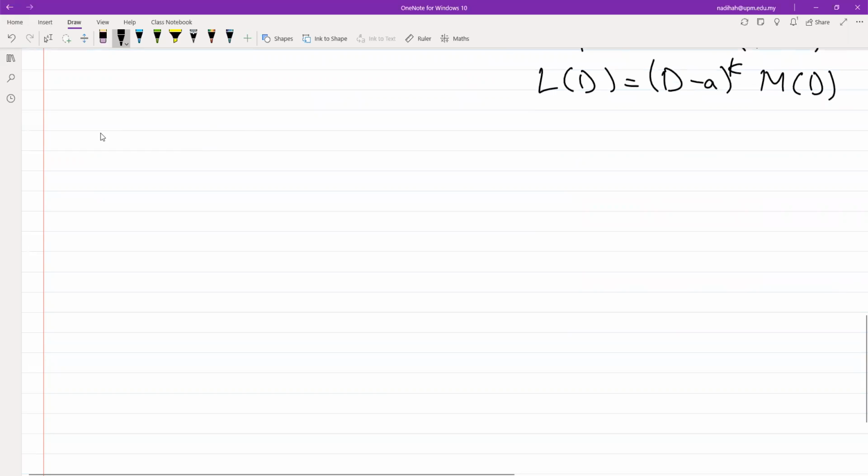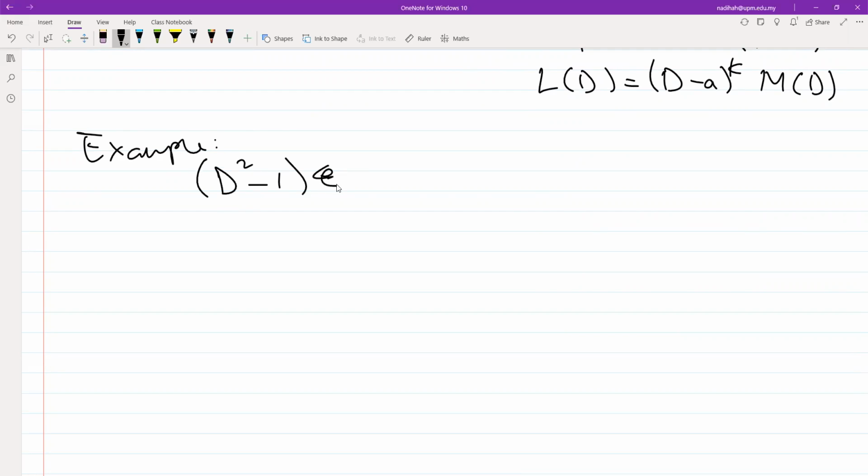Okay, contoh for example, if you have (D squared minus 1) y equals to e^(2x). So in this case, a is 2.